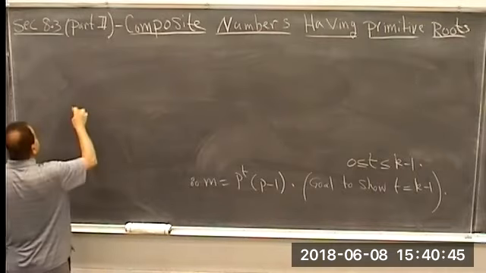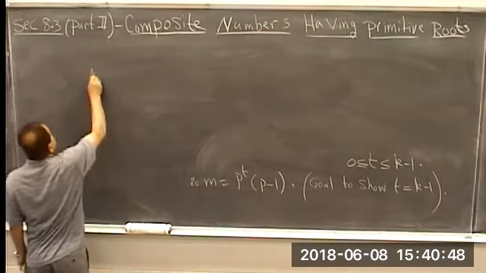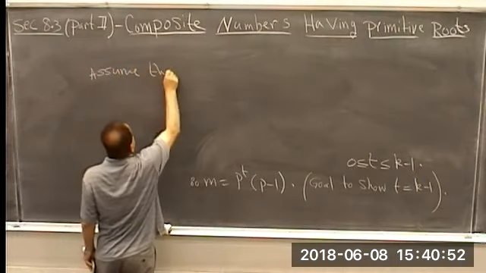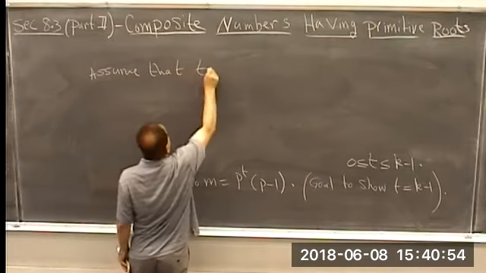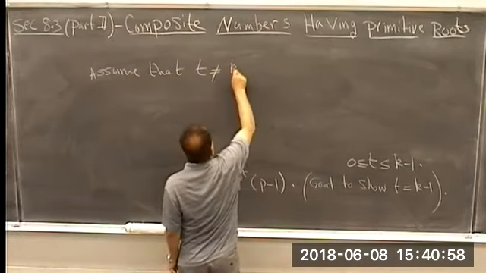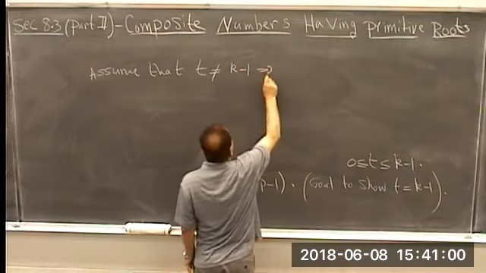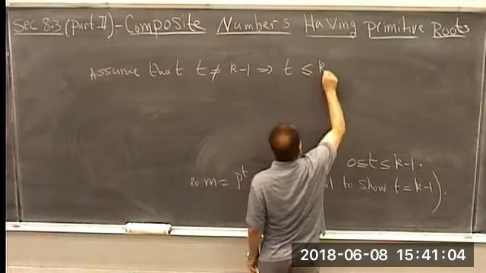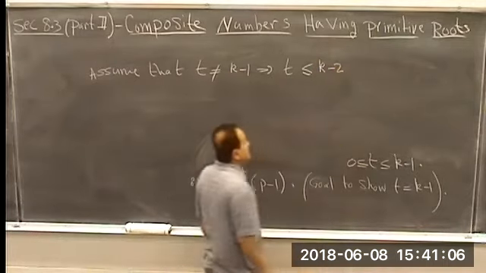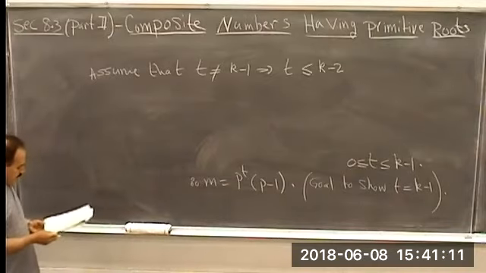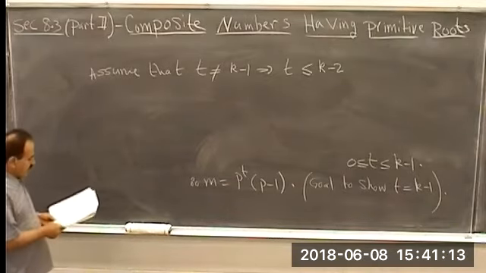So this implies that t is less than or equal to k minus 2.